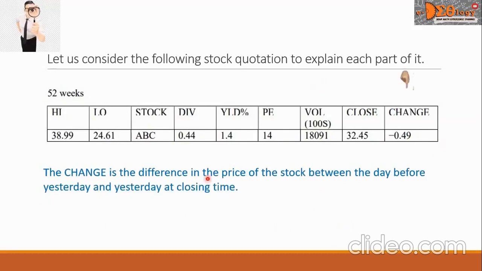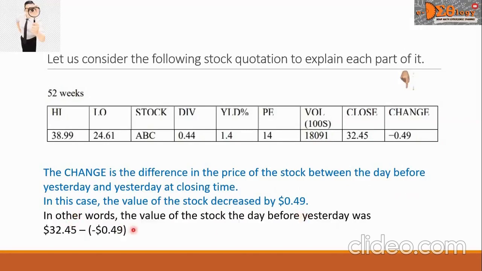The change is the difference in the price of the stock between the day before yesterday and yesterday at closing time. In this case, the value of the stock decreased by $0.49.